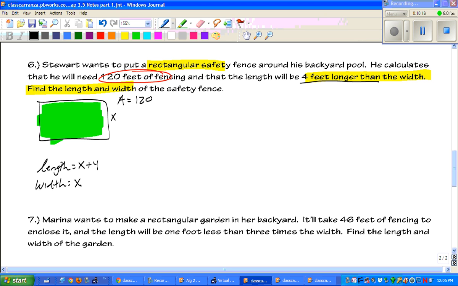Okay, so 120, that's the perimeter. I already wrote the a down, but that's supposed to be perimeter because we're talking about the outside. Okay, so when we're finding perimeter, we have to add up all of the sides. So that would be x plus 4 plus x plus x plus 4 plus x. Okay, and that's all going to equal 120.